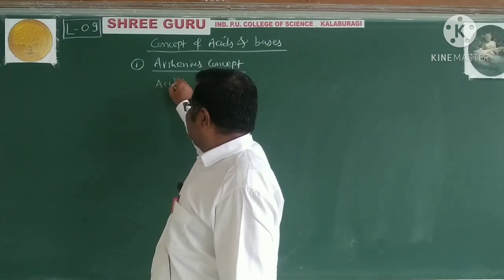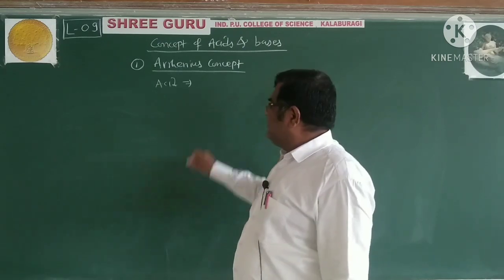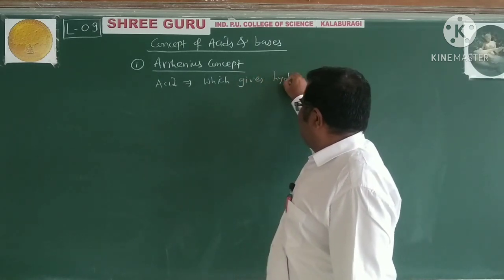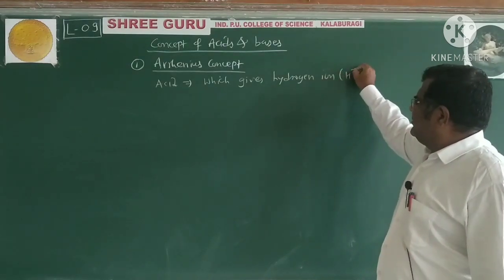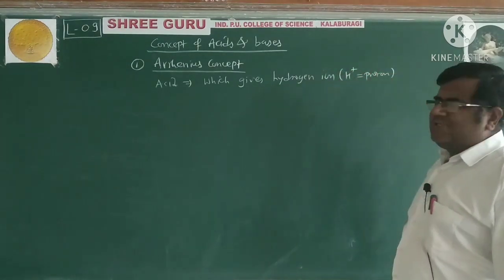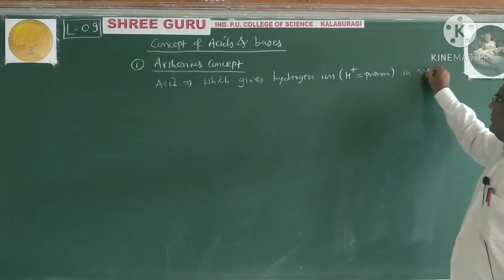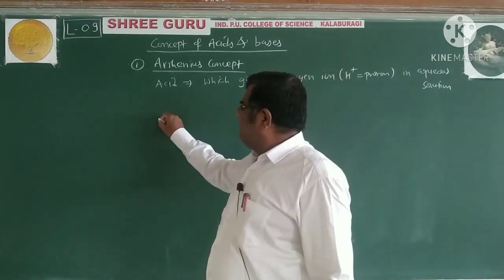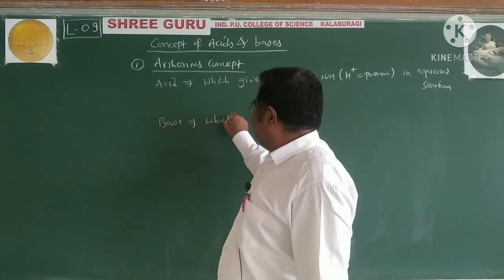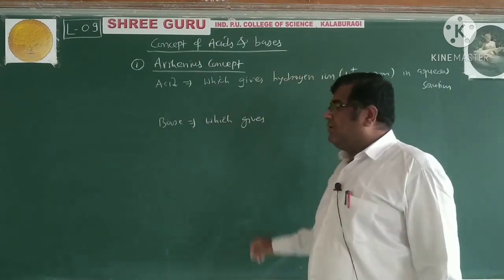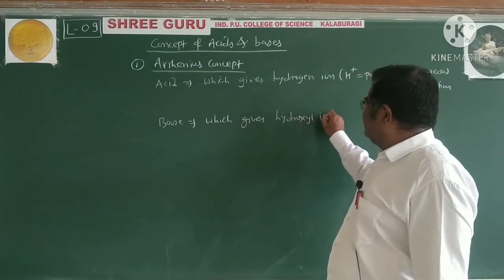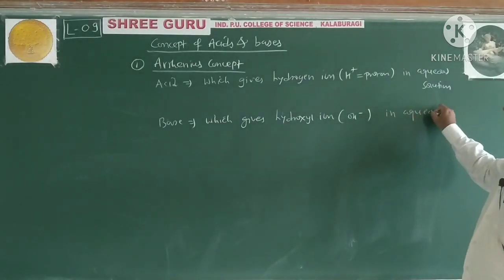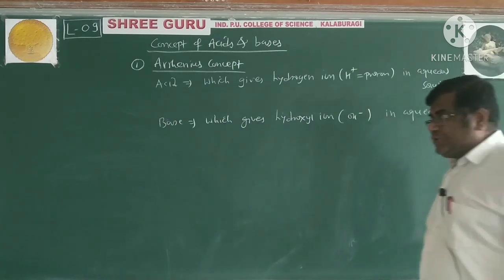According to this concept, we call those substances acid which give hydrogen ion, H plus ion, which is nothing but a proton, in aqueous solution, and a base is a substance which gives hydroxyl ion, which is OH negative ion, in aqueous solution.